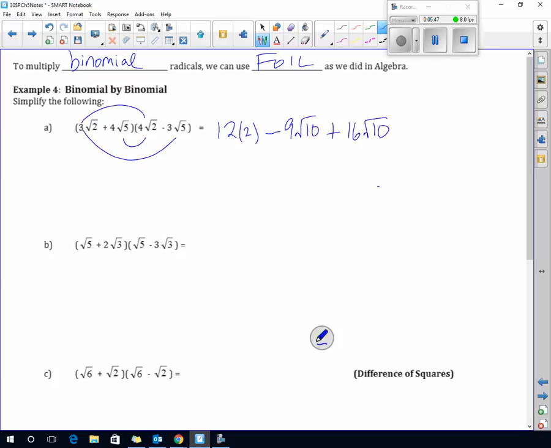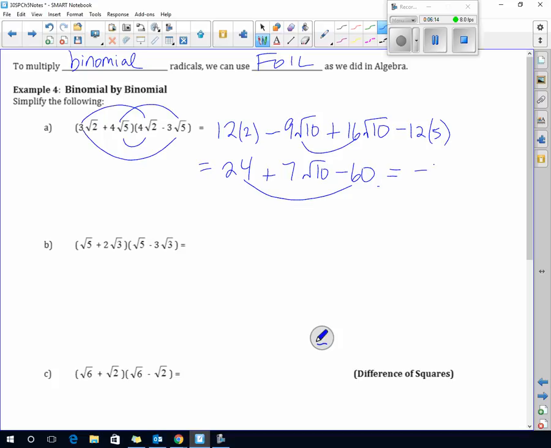You can combine those. So that is what? Plus 7 root 10 minus 60. And then last I can combine 24 subtract 60 and I get minus 36 plus 7 root 10. And that's my final answer. Did we get that?